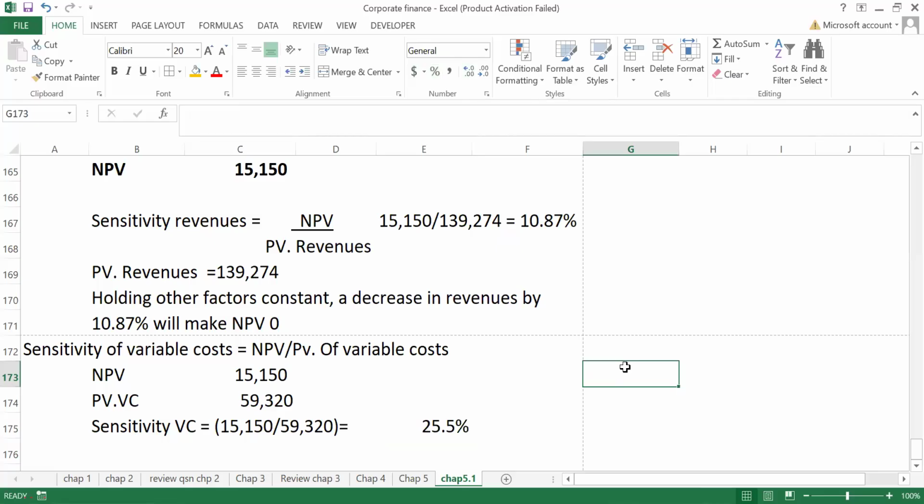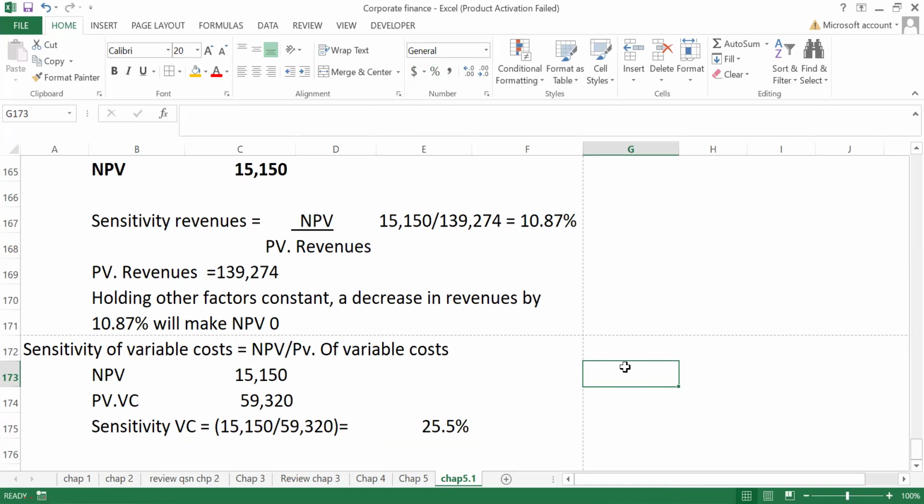What does it mean? It means that holding all other factors constant, if your variable cost increases by 25.5%, your NPV will go to 0.